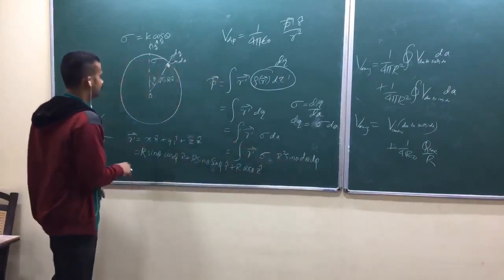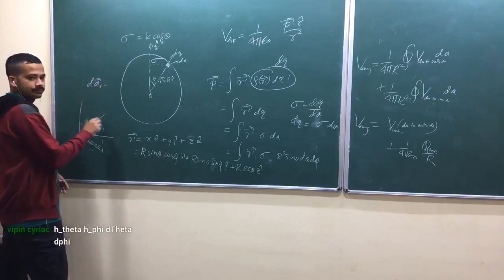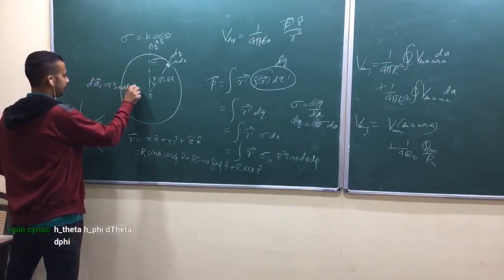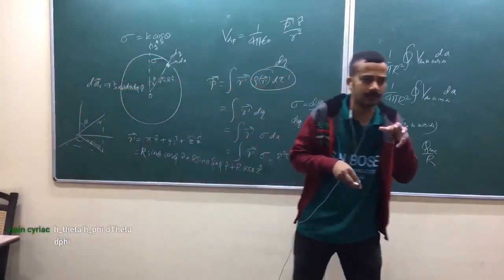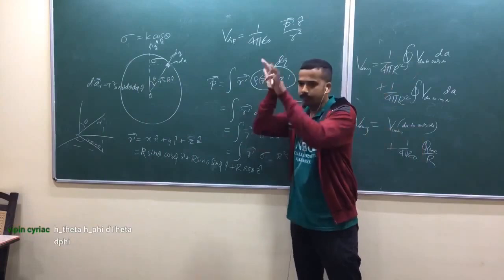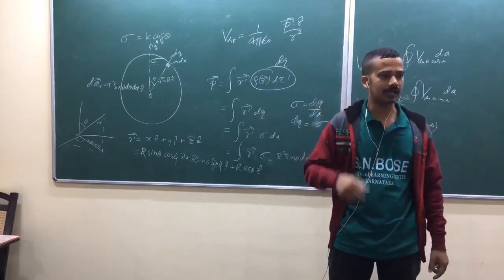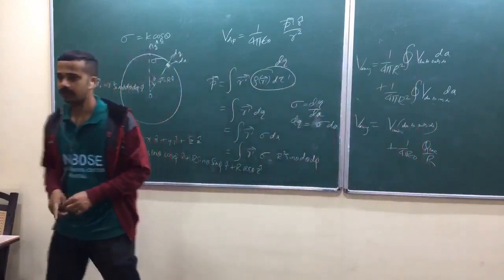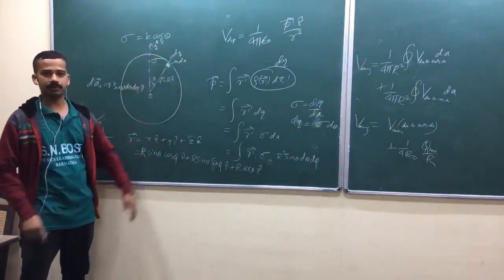Now look here. Do you remember dA_r, r square sin theta d theta d phi along r cap? Whatever small patch of area you take off the spherical surface, that area vector will be along r cap, whose perpendicular is along r cap.